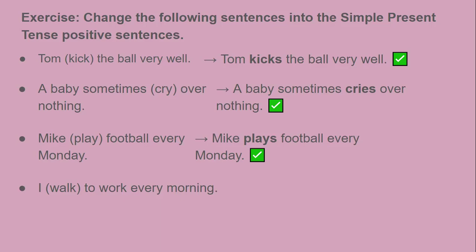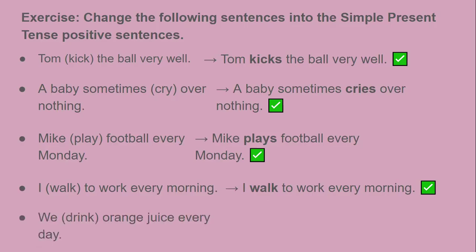And therefore, it belongs to rule 4. And rule 4 says we don't do anything to the verb for subjects I, you, they, and we. Therefore, the sentence becomes, I walk to work every morning. Next sentence.